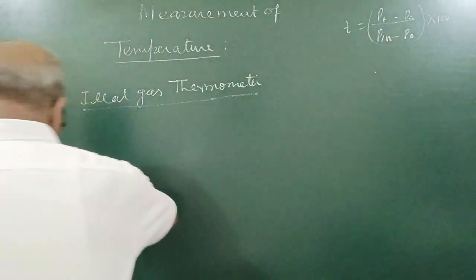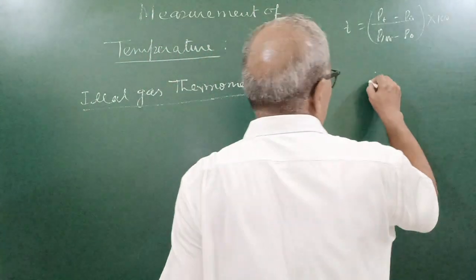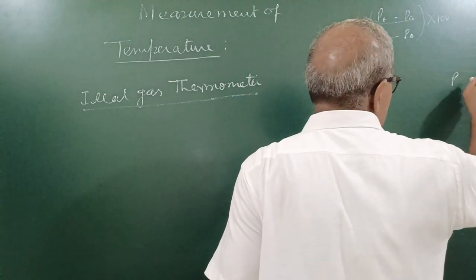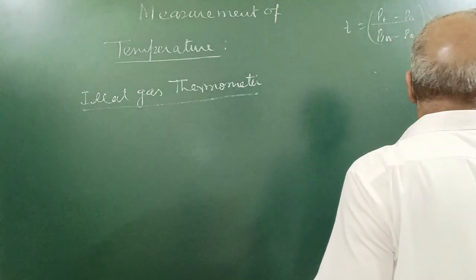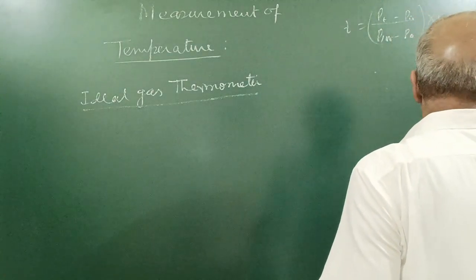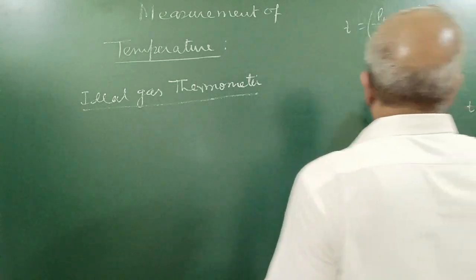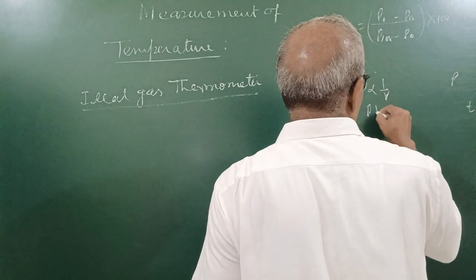We know the pressure of gas. Actually, there are gas laws. One is: for a given mass of gas at a given temperature, pressure and volume are related, P is proportional to 1 upon V, or PV equals constant.